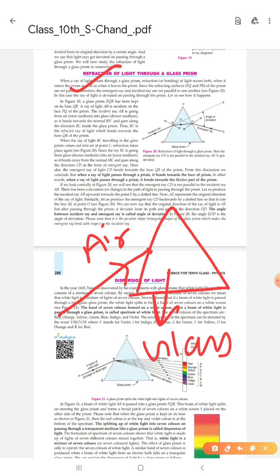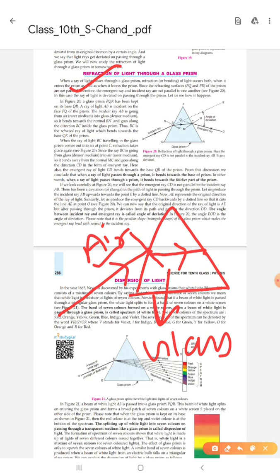How can we find that? We will draw the point of incidence here, and from the point of incidence we will draw the normal. So the normal would be like that. Now when a light ray moves from a rarer to a denser medium, it comes closer to the normal like this. Now this is a new point of incidence.